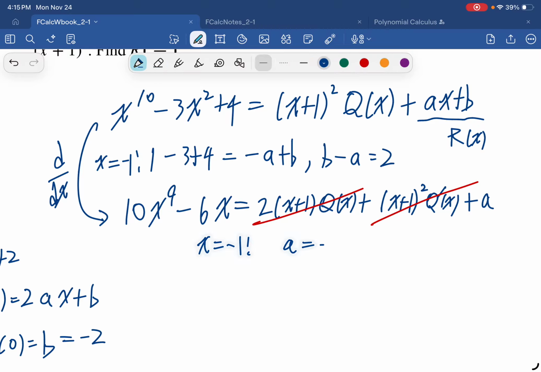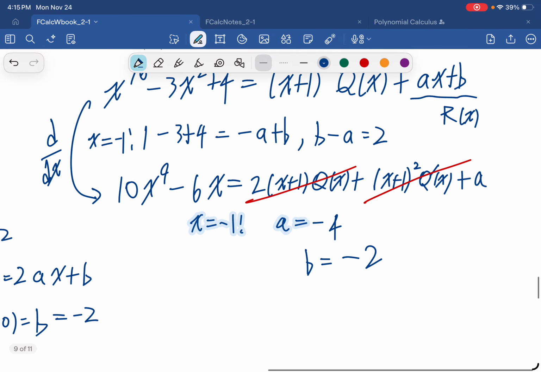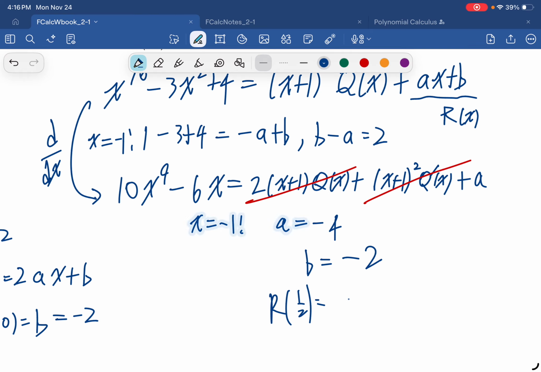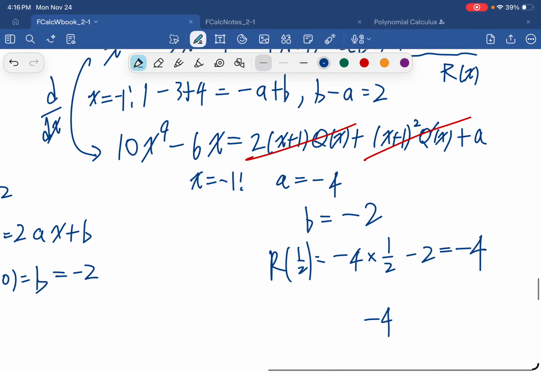Okay, so a equals -4, that means b equals -2, right? Okay, so ax plus b equals -4x minus 2. So r of 1/2 will equal -4 times 1/2 minus 2, which equals -4. So that would be your answer here.